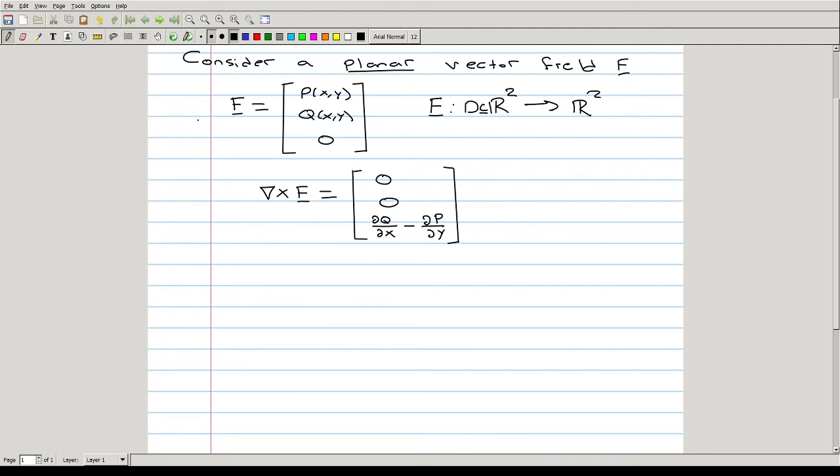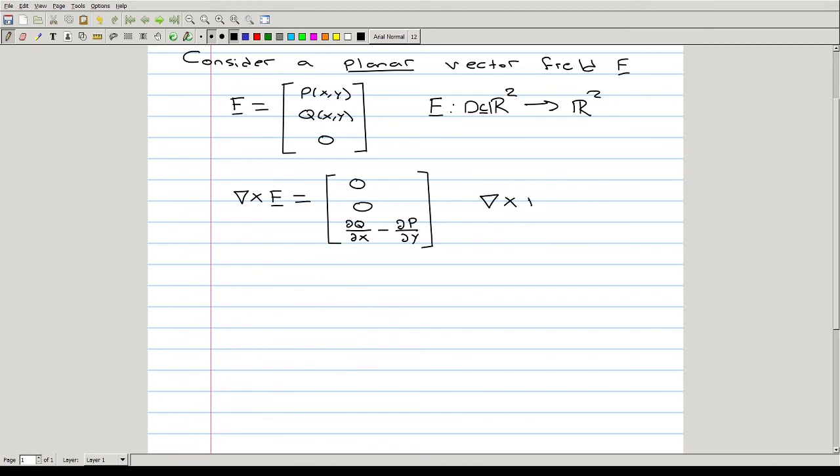So the only rotational component this curl can have is about the z-axis, when we're considering a planar vector field. Specifically, the curl only points in the k-hat direction, and the k-hat component of the curl is exactly this difference, dQ/dx minus dP/dy.